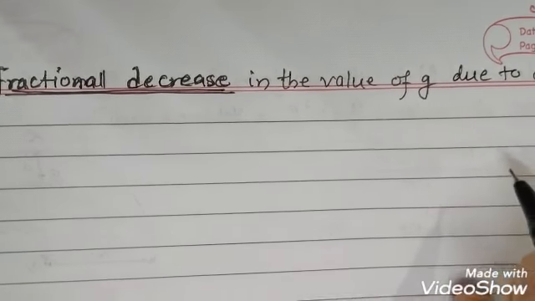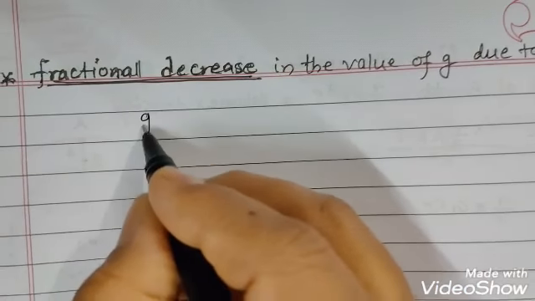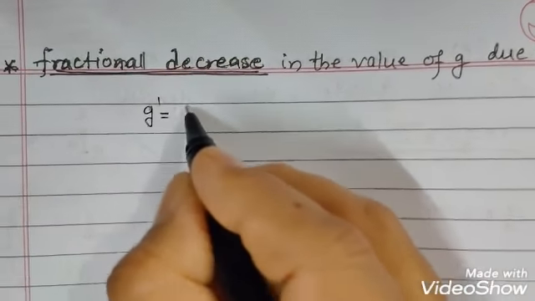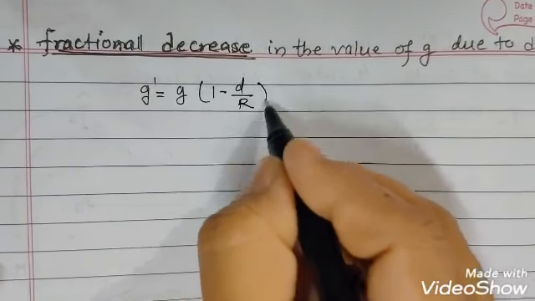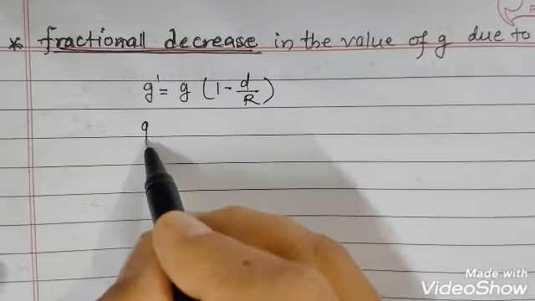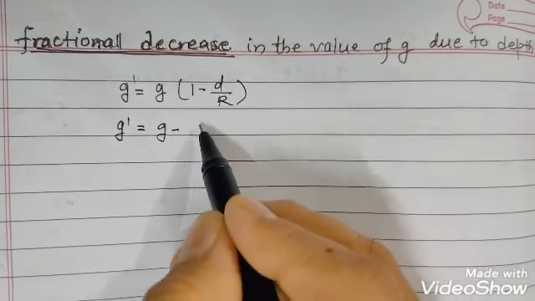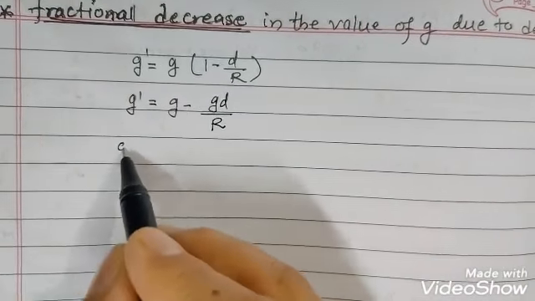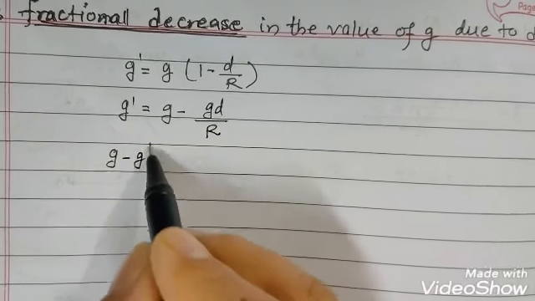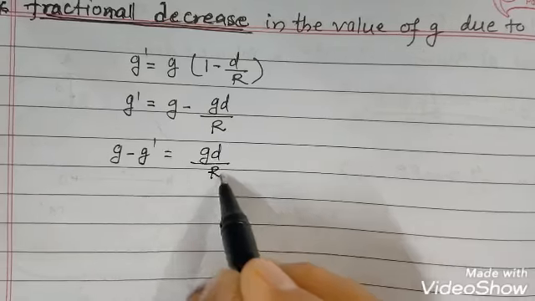For this, the formula which we have derived is g dash equal to g into 1 minus d upon r. So we'll simplify it. G dash is g minus g d upon r, or we can say g minus g dash is gd upon r.